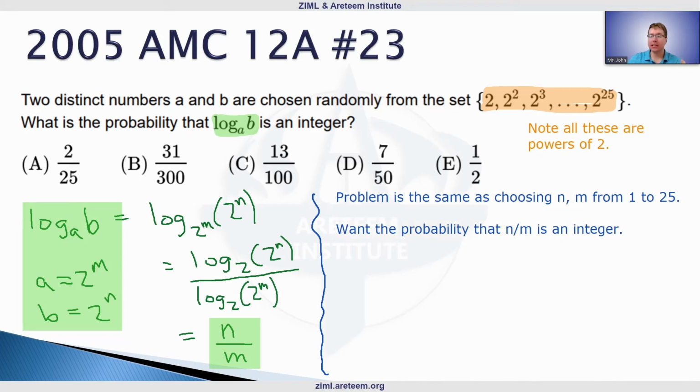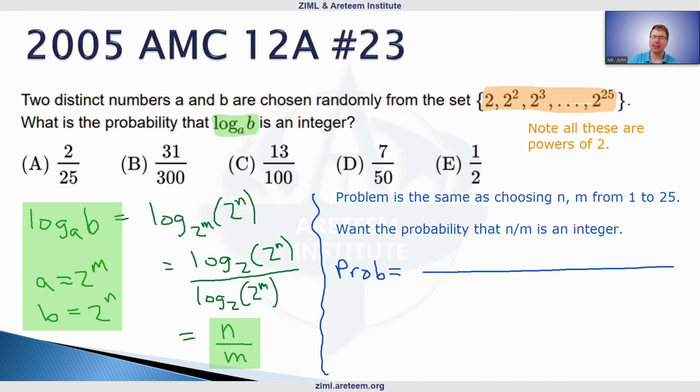This is a little bit messy, as we'll see in just a second, but it's not too hard in this case. So our probability is always the favorable outcomes divided by the total. If you know me at all, you know I like starting with the total. One final caution here: n and m are different variables, so we are choosing them in order.